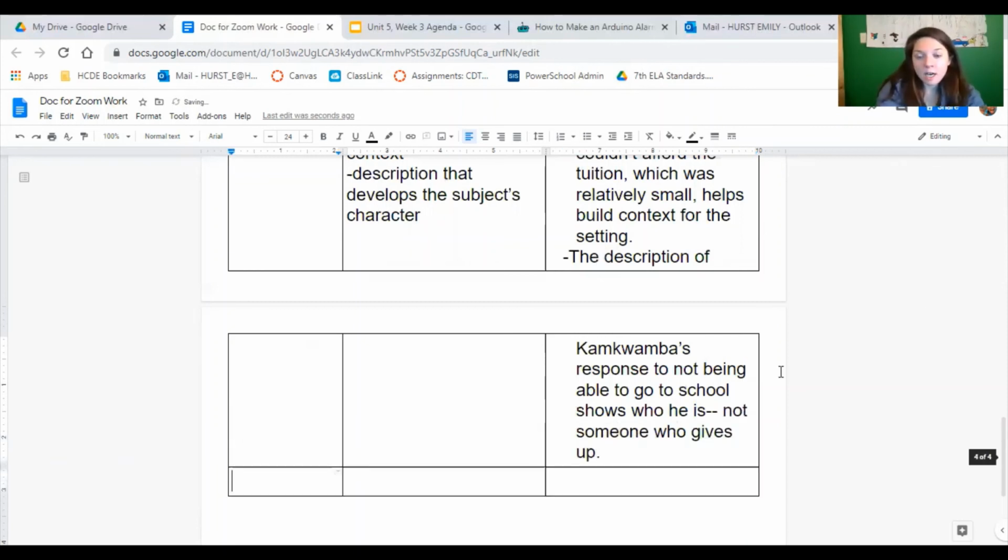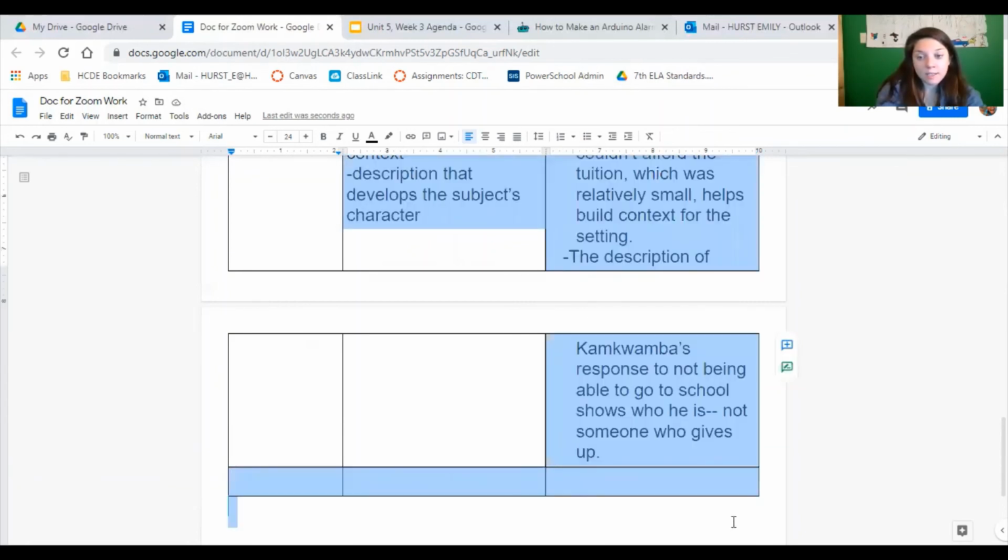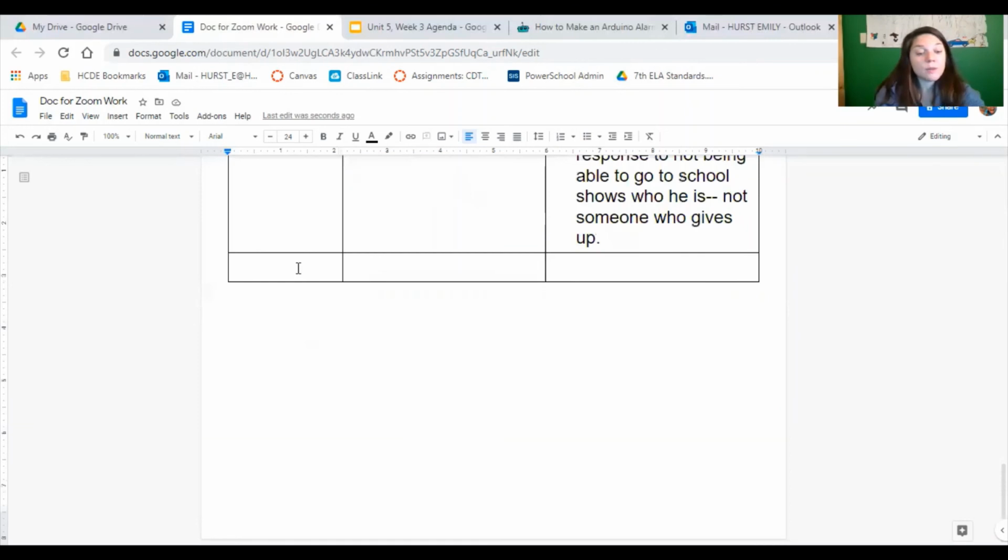All right, guys, to show me that you understand this, what you're going to do now is you're going to do this work with paragraph 15, which I'm going to read to you. It says, our lives are much happier now, Mrs. Kamkwamba says. So what elements does that include? I'll tell you, this one really only has one. And then how does that contribute to the development of ideas?